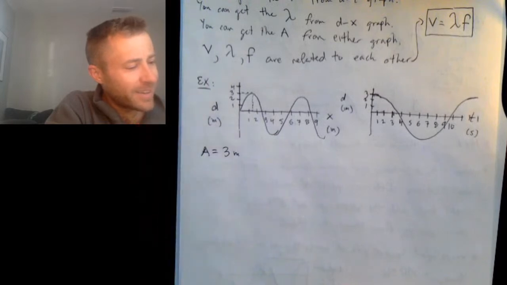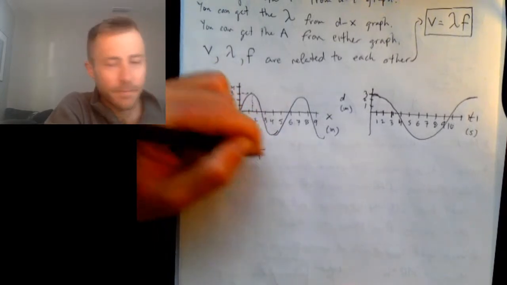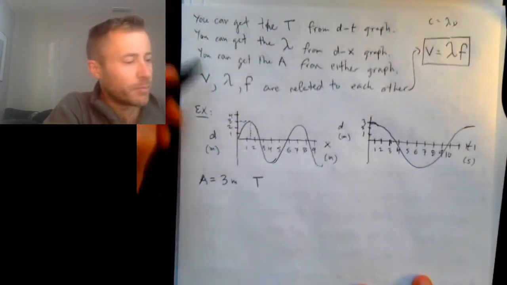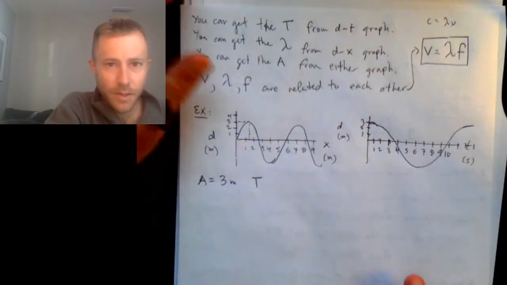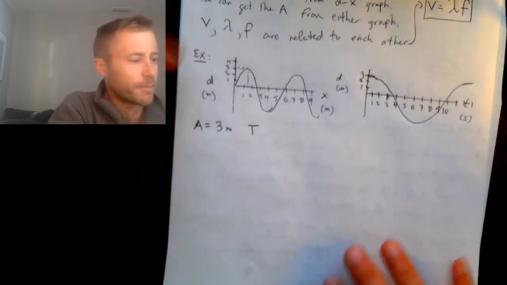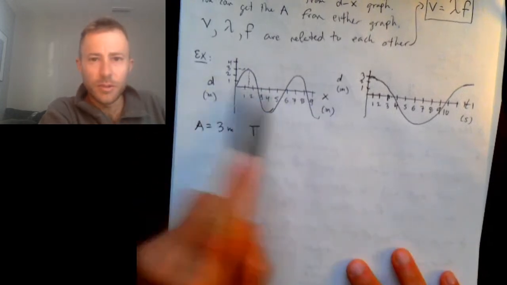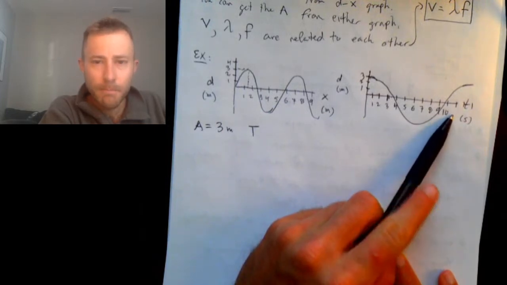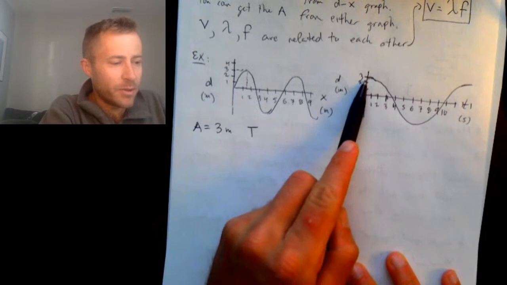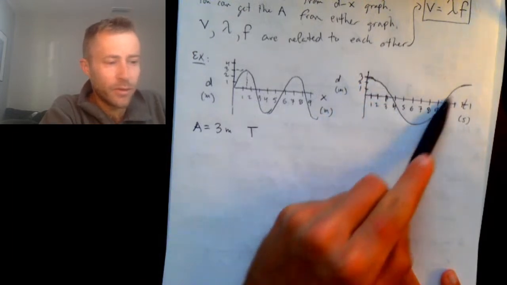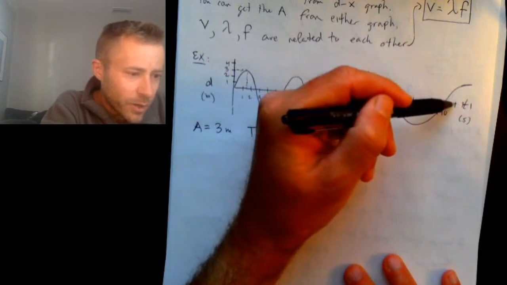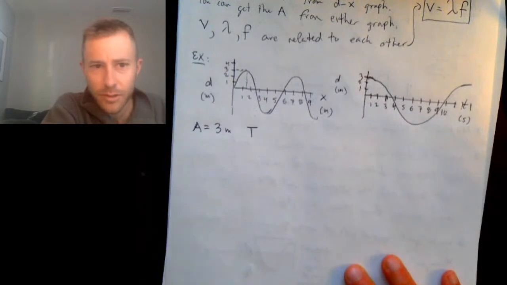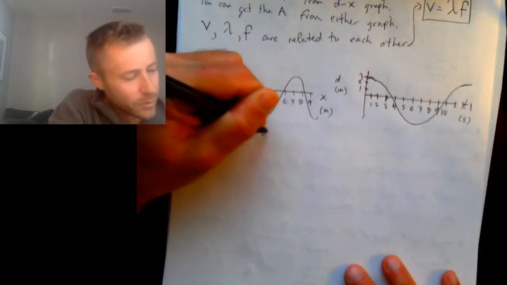Now we can go ahead and get the period of the wave. You can get the period from the displacement time graph. This is displacement position, so I don't use this graph, I use this one. And so the time to complete a full vibration would be this amount of time. I drew that as 11, 12, 13. About 13 seconds is the period.